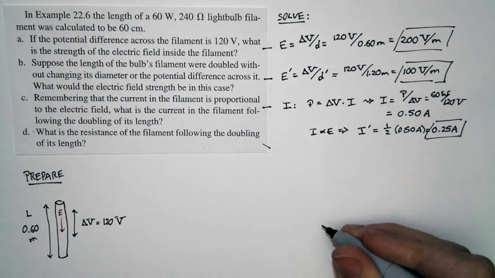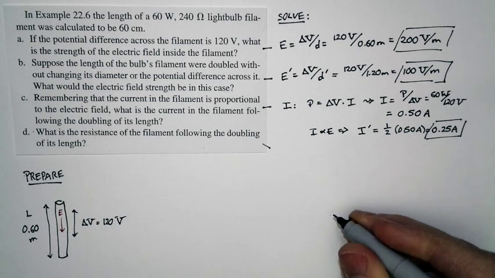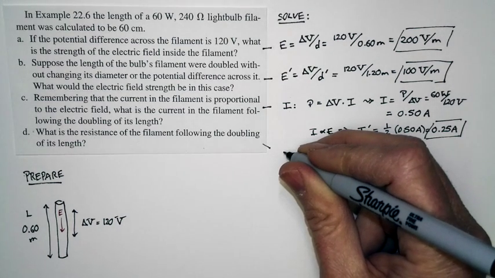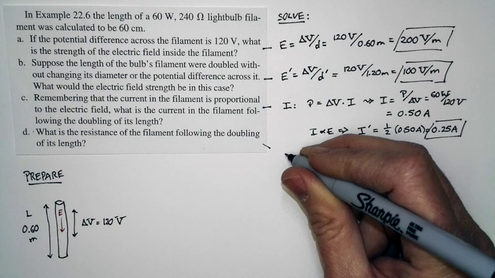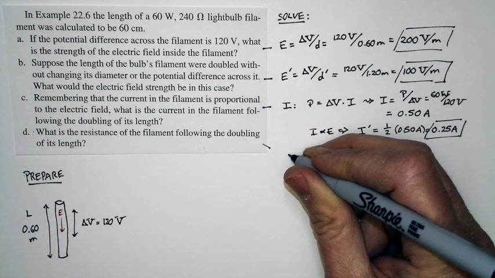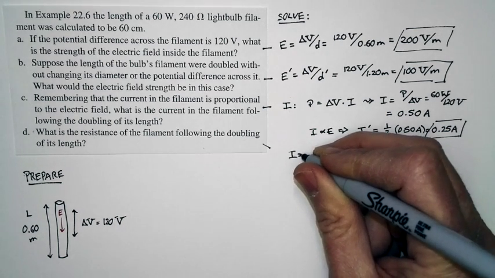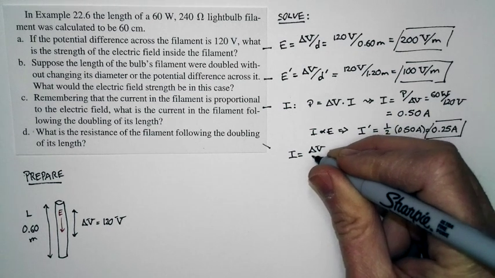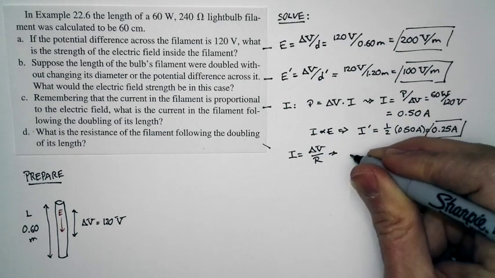Finally, we're going to take a look at this. What is the resistance of the filament following this doubling of the length? Well, we can calculate the resistance just using Ohm's law. Ohm's law is this: I is equal to delta V divided by R. We can rewrite it this way.